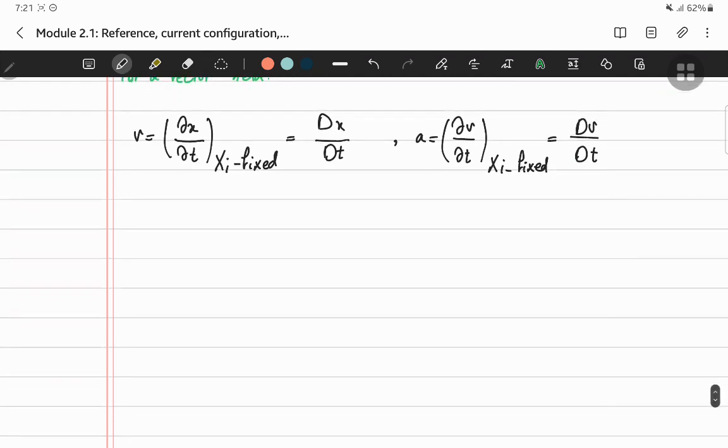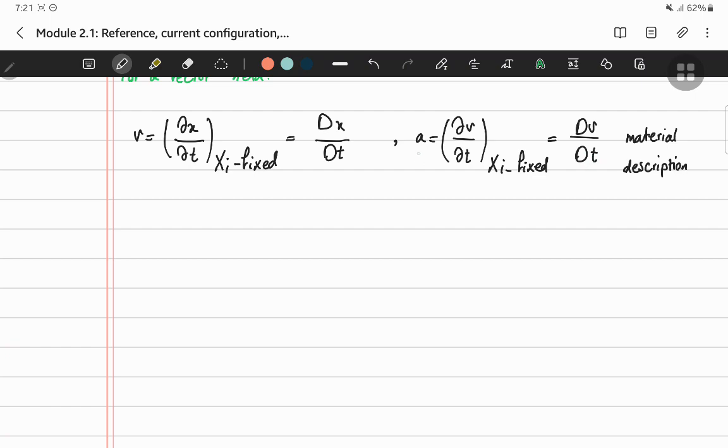So you want to know what this vector is. All right, we follow the same approach, but before doing that, this is the material description. If you have the motion in the material description, you can easily take the derivative of that vector field, for example velocity with respect to t, and then you have the acceleration right there.